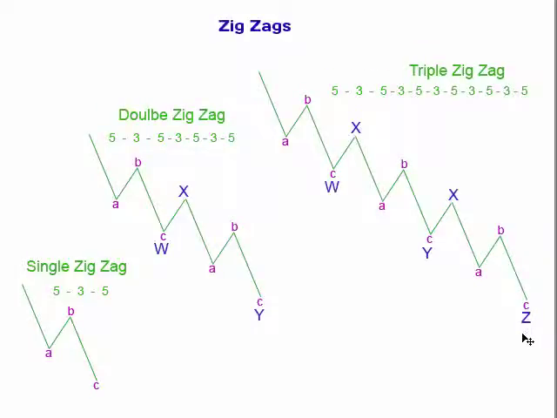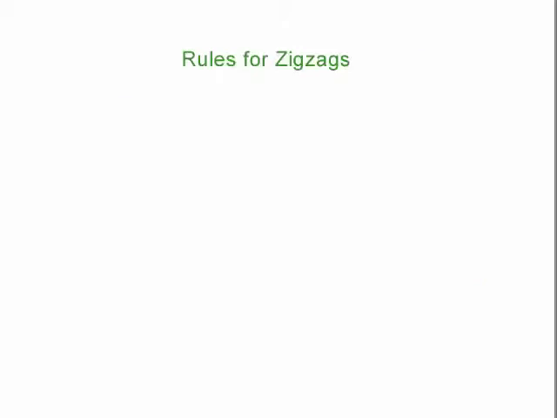The purpose of very rare triple zigzags is to move the correction strongly against the main trend. Triple and double zigzags should not move price sideways, they should move price in the corrective direction against the main trend.